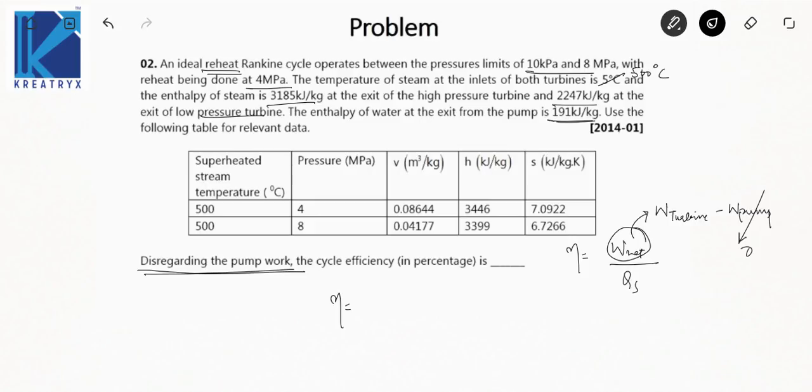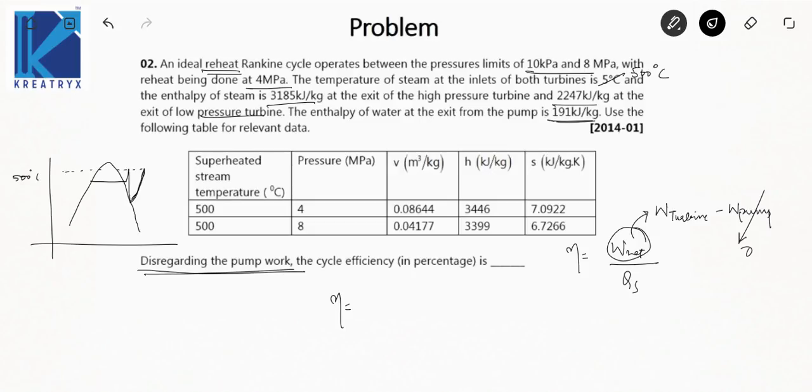The total work done by the turbine will be the work done by the high pressure turbine and the low pressure turbine. So let's draw a TS diagram of this process. This is reheating again. Reheating is done, and the temperature has been given as 500 degrees Celsius.